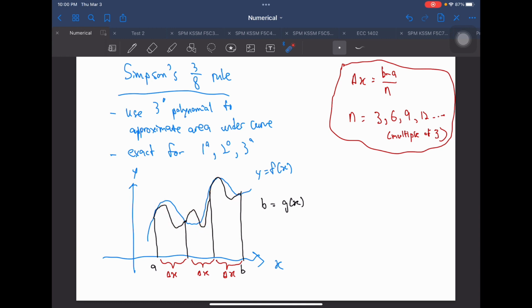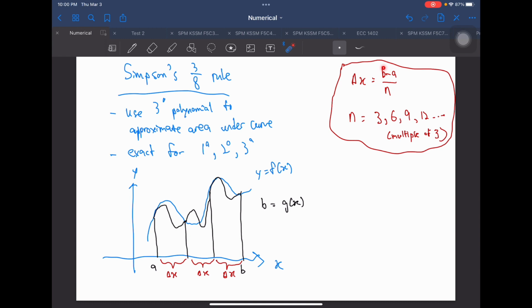Okay, so you cut the area into 3 pieces, and these pieces are called subintervals. The number of subintervals is called n, and they have equal length, which is delta x. So delta x, we can use the boundaries: b minus a divided by how many subintervals.